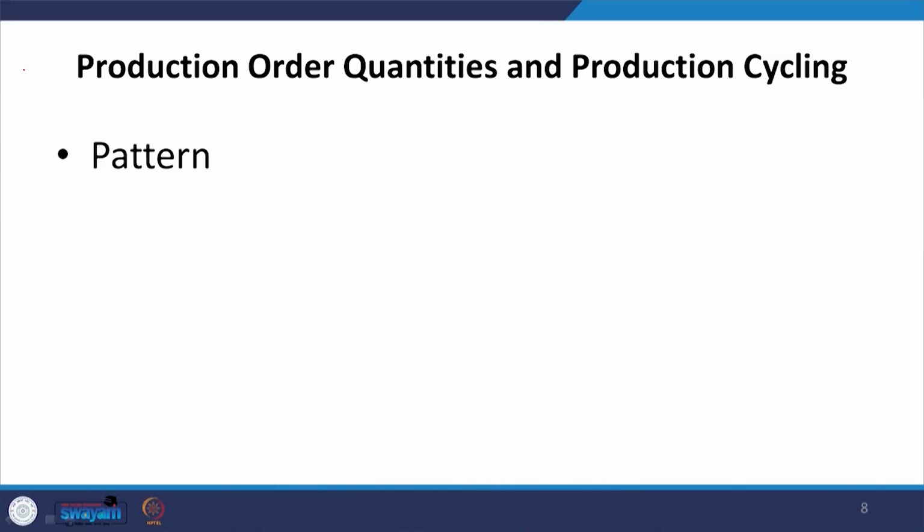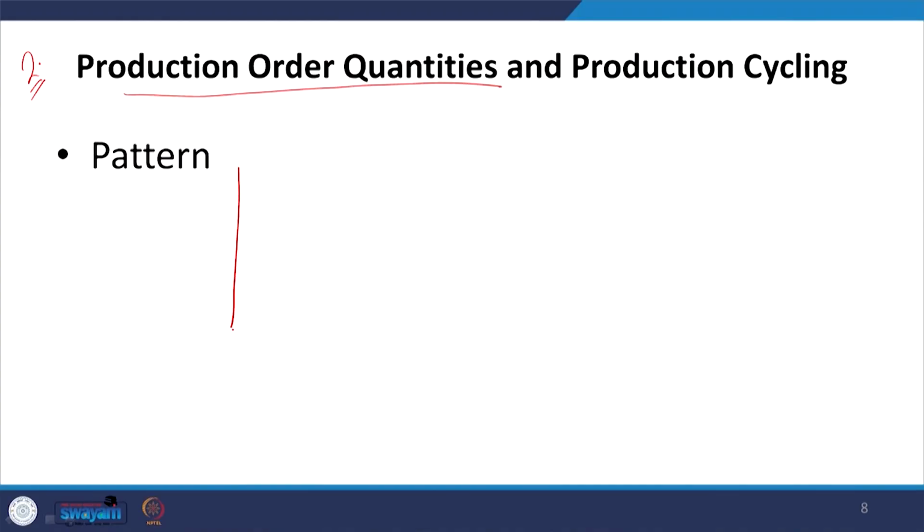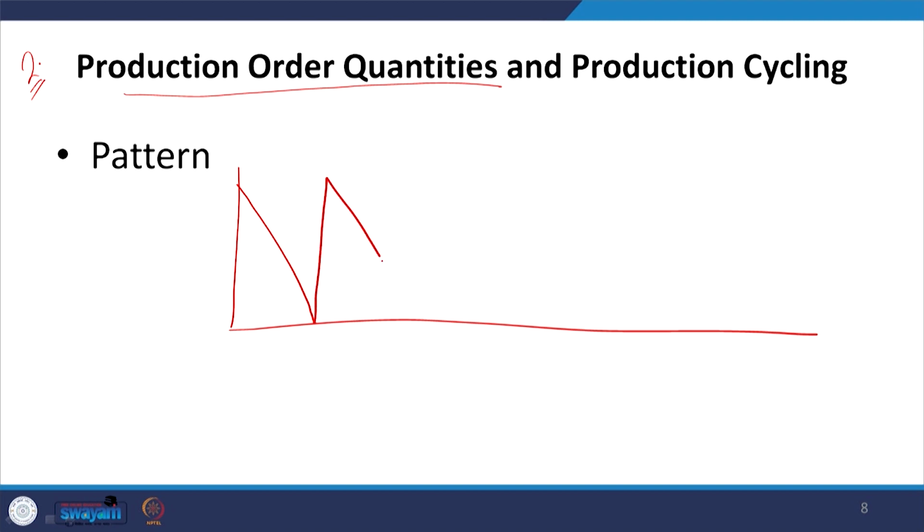Now, the second type of variation of this basic EOQ model that we are going to discuss after quantity discount is that it can also help you in deciding the economic production quantities. Now, the economic production quantity model is slightly different from the basic EOQ model. In the basic EOQ model, our pattern was like this.